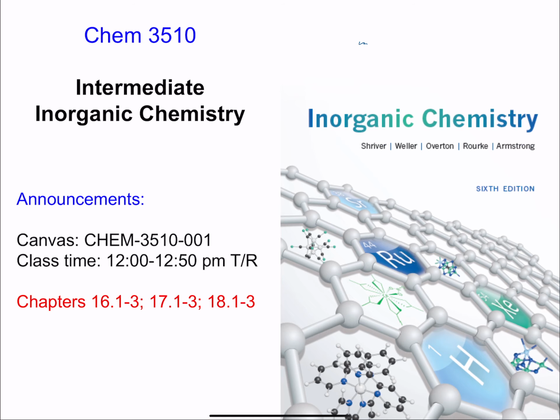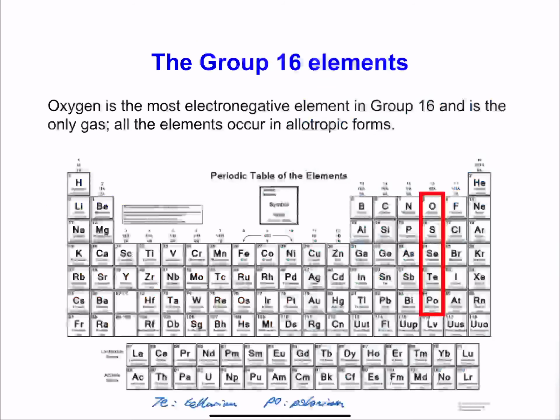Okay, let's get started. We're going to talk about groups 16, 17, and 18 today. Here is a periodic table, and we highlight group 16 here. So we have oxygen, sulfur, selenium, tellurium, and polonium.